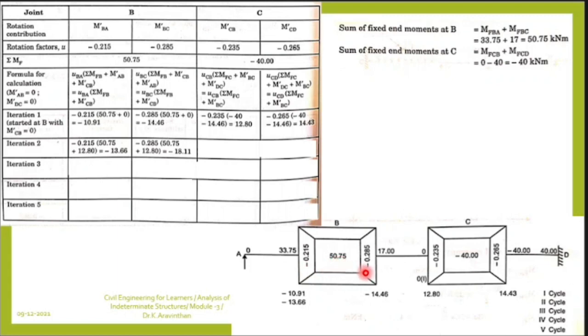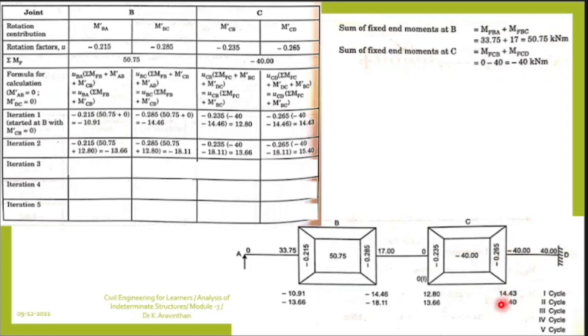50.75 plus 12.8 into minus 0.285 will be 18.11. So you have to add minus 40 minus 18.11. You have to add this one and multiply by minus 0.235, 13.66. Minus 40 minus 18.11 into minus 0.265, 15.40.